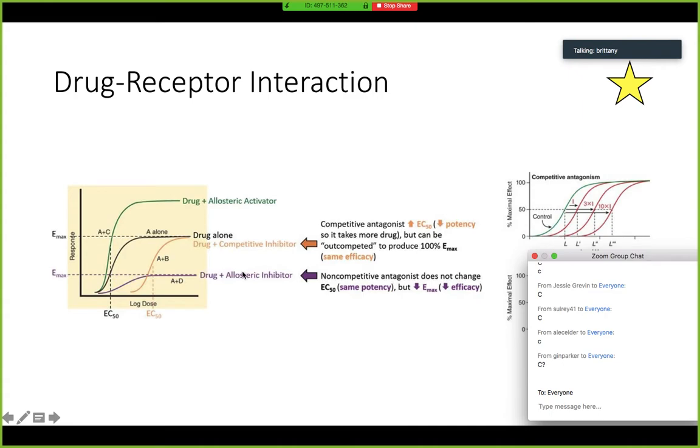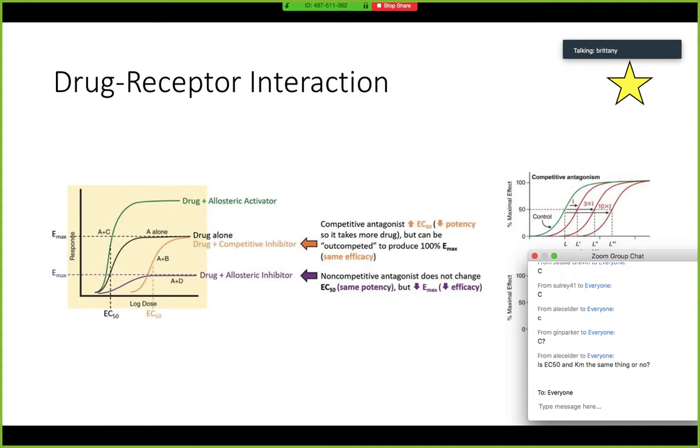So if you add a non-competitive antagonist to the drug, then your EC50 does not change, but you've lowered the efficacy.